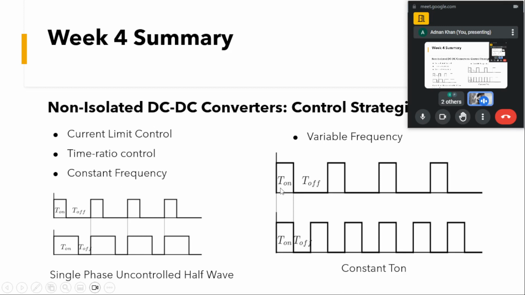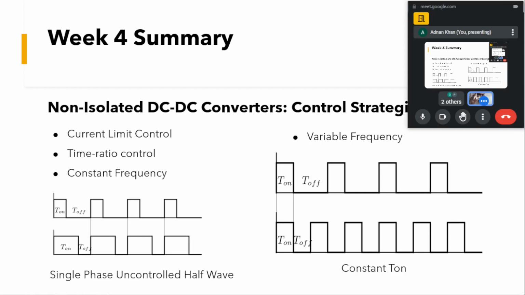However, here you can see that the time period of the waves above and below is not the same. That means the above wave has a longer time period than the below. This means we are changing the frequency to change the duty for our converters.